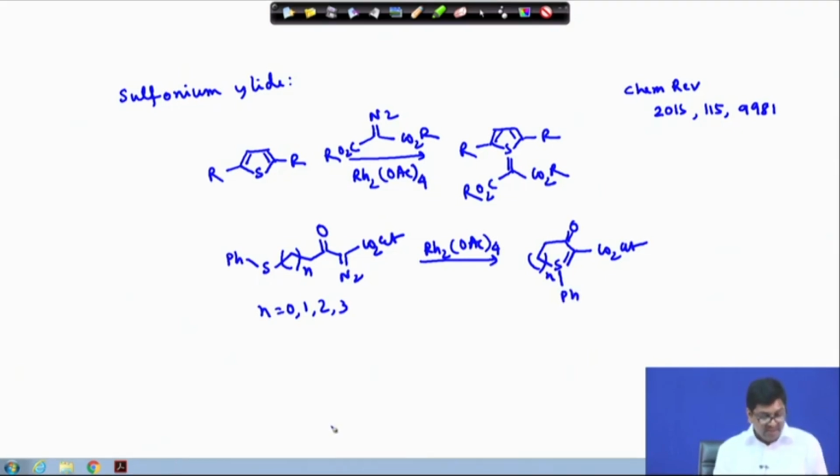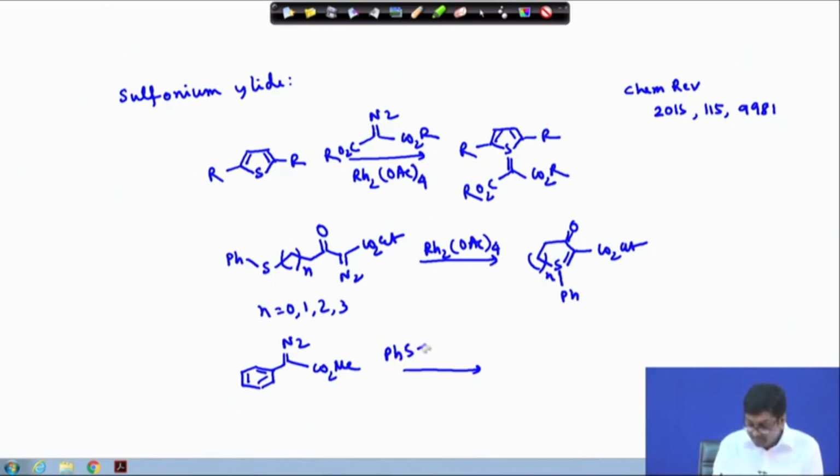Next, in another example, Wang and co-workers recently reported this work. They have taken this diazo compound flanked with the aryl ring and the ester, using this thioether under rhodium 2 species.